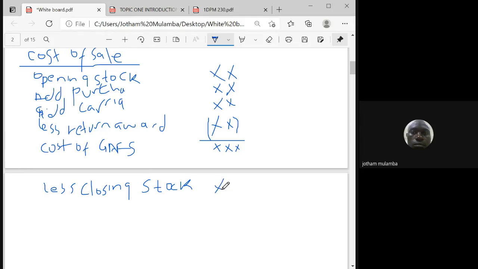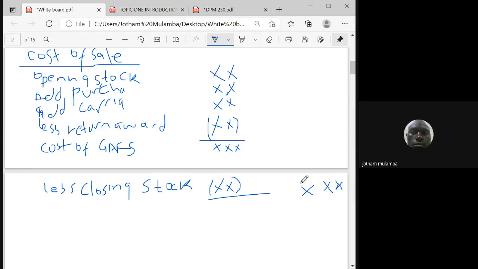We subtract closing stock from cost of goods available for sale. The value we get here is what we have been looking for. We record it on the last column. That's what we have been looking for, and we have said that's called cost of goods sold or cost of sales.